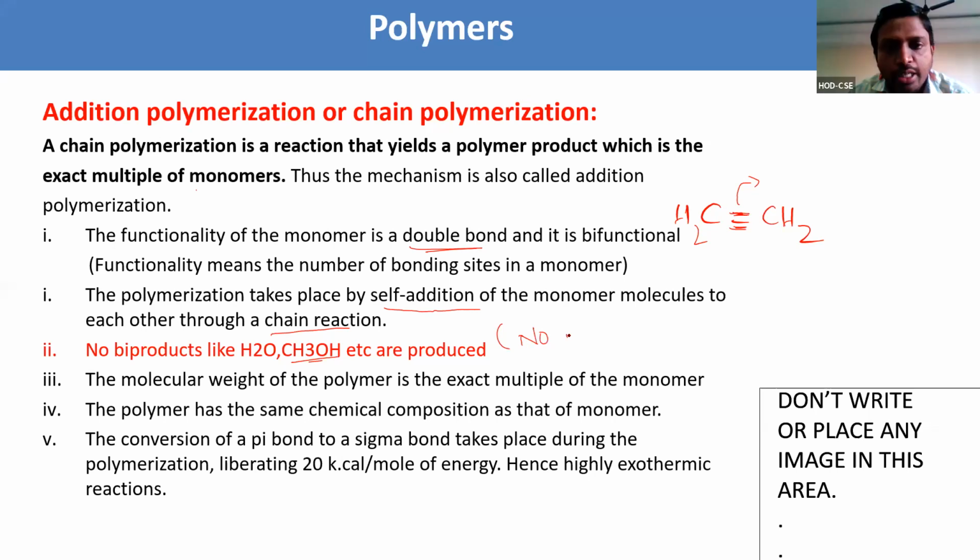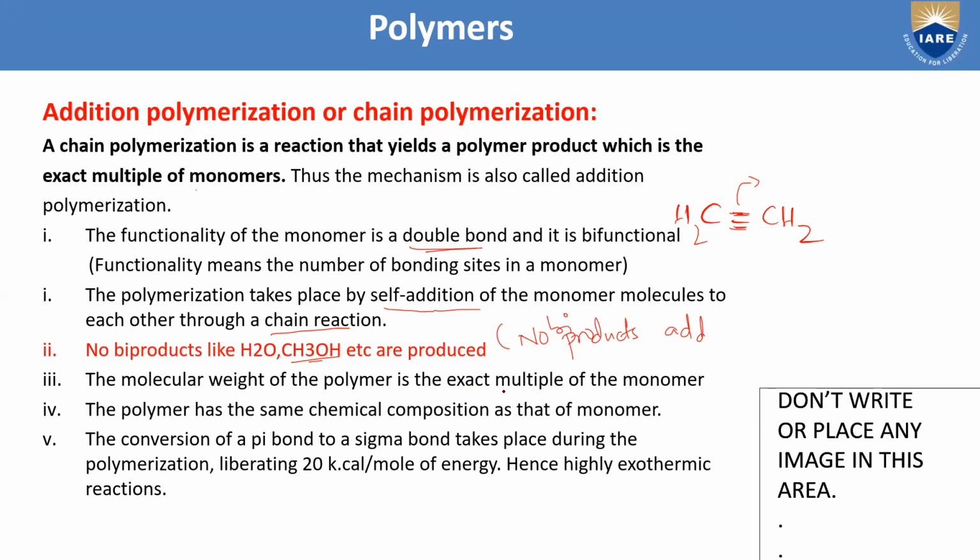The polymer is the exact multiple of the monomer, so the molecular weight of the polymer is the same multiple as the molecular weight of the monomer.